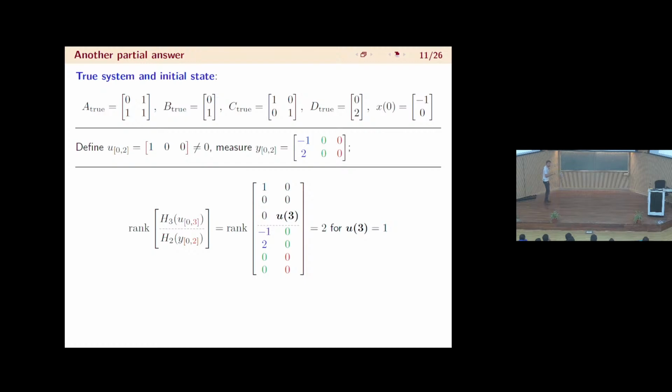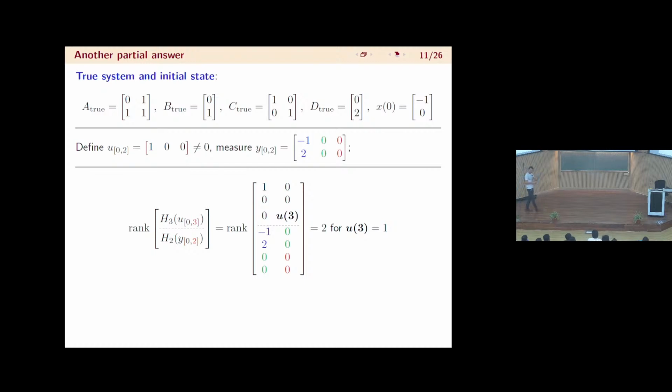Let's look at this one, for instance. Suppose that I would instead consider the depth 3 Hankel matrix of the outputs here. Then this Hankel matrix would also contain y at time 3. But how am I going to choose u at time 3 then? Because y at time 3 depends on u at time 3. And so I cannot work with this depth 3 Hankel matrix of both the inputs and outputs. That's the reasoning why I take here, instead of a depth 3 Hankel matrix of the output, a depth 2 Hankel matrix of the output.